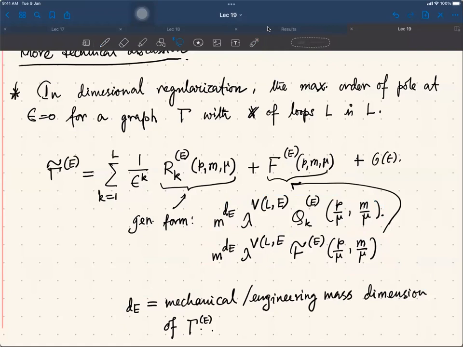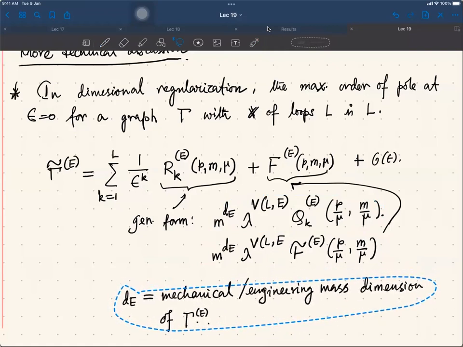So those are the general forms of the residue and the finite piece.